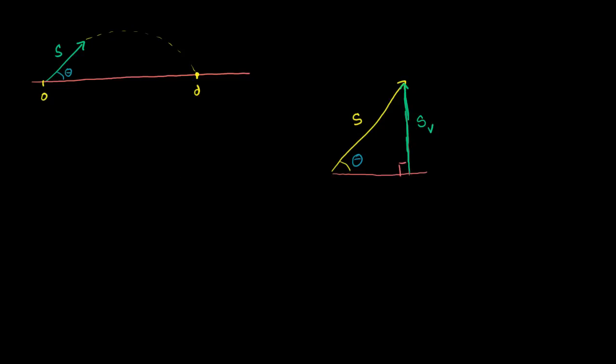And then the length of this part of the triangle, let me do that in a different color, is going to be our horizontal speed, or the component of this velocity in the horizontal direction. And when I use this word velocity, when I specify a speed and a direction, speed is just the magnitude of the velocity. So the magnitude of this side is going to be speed horizontal.